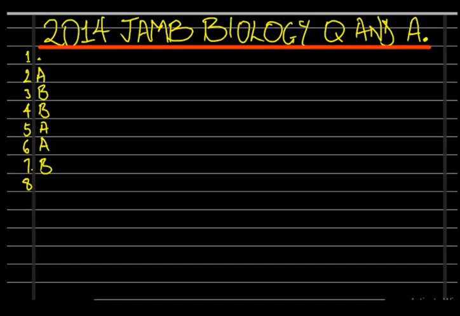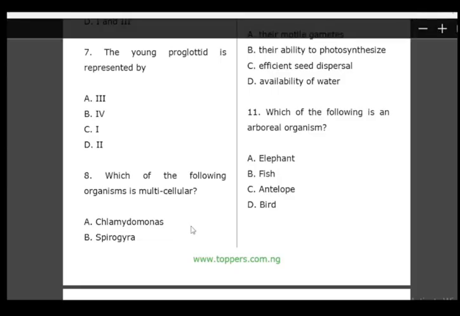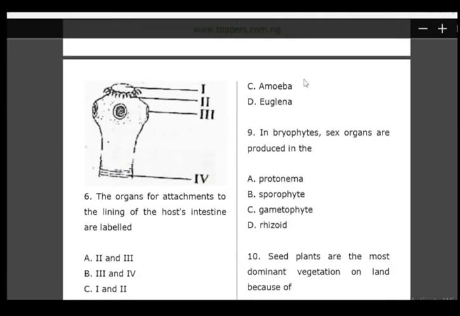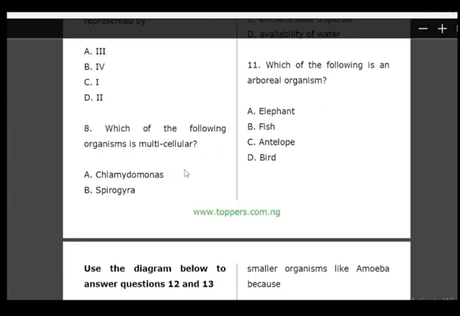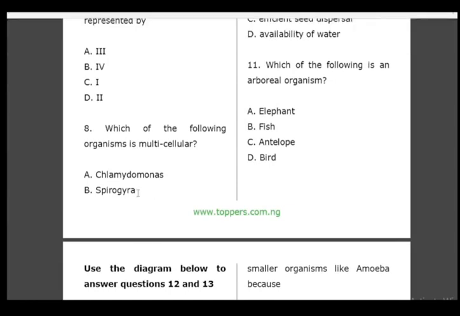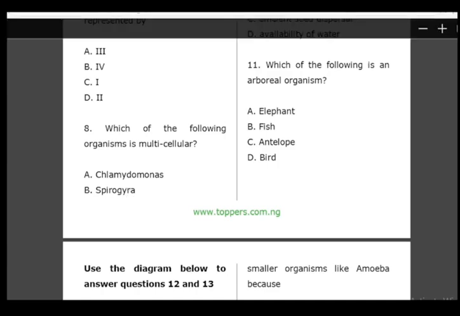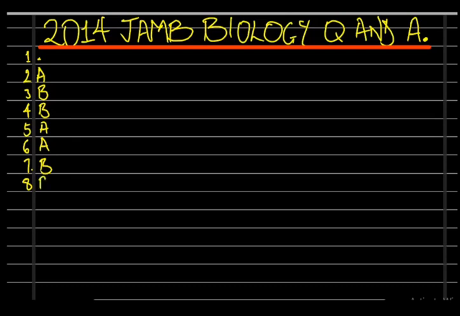So when we look at this, Chlamydomonas, Amoeba, Euglena, they are usually unicellular organisms. The one that has more than one cell is the Spirogyra because it has complex structure and numerous filaments. It has multiple cells. So option B is our answer to question 8.